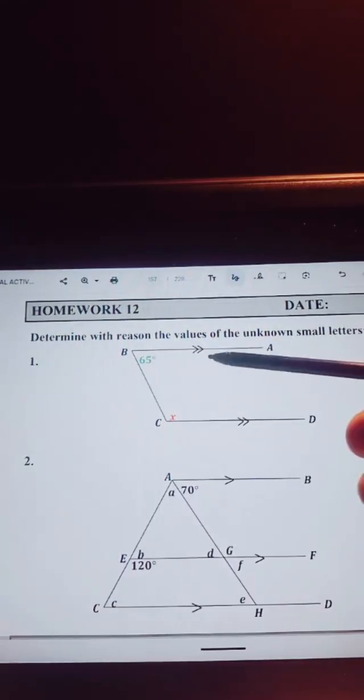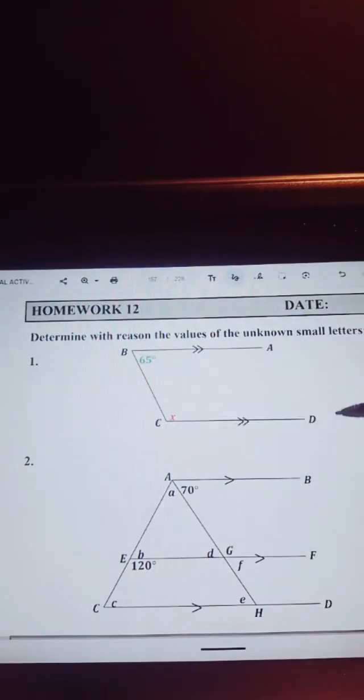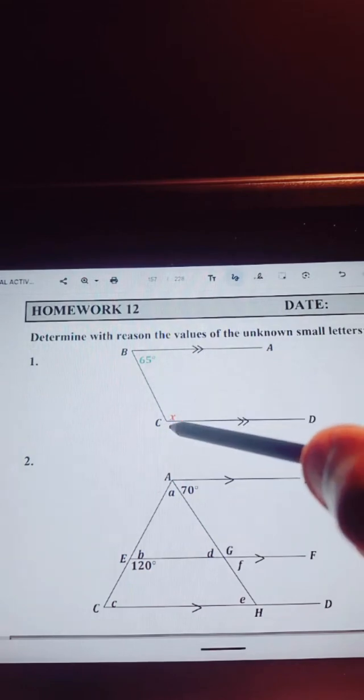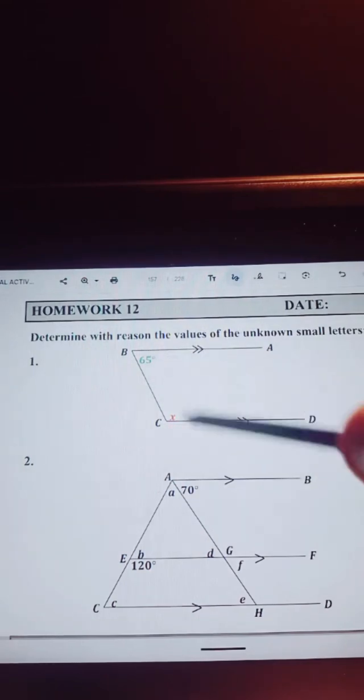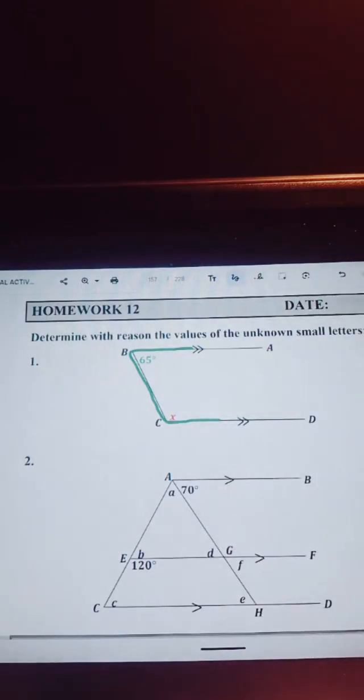Okay, so determine with reasons the values of the unknown small letters. Here's AB, here's CD. You want the value of x. What relationship exists between the x and the 65? See? What letter is formed? The U letter is formed. So if the U letter is formed, what does that mean?